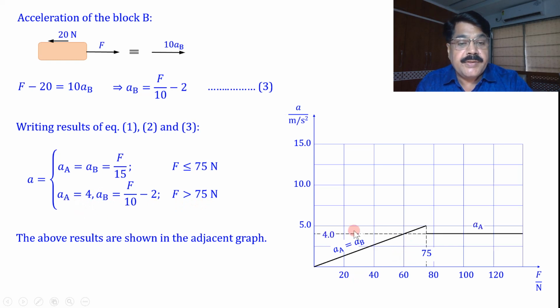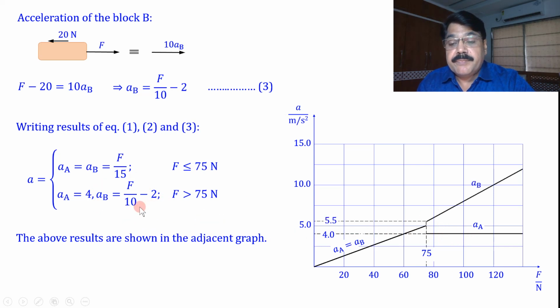So we can show here, this is 4, acceleration of A, and acceleration of B will be given by this value F by 10 minus 2. So this is the equation. Now you can see the starting point when F is 75. So 7.5 minus 2, how much? 5.5. So it will start from this acceleration and its slope will certainly be greater than this slope. You can see here the slope of this line and the slope of this line. Slope of this line will be greater than slope of this line.